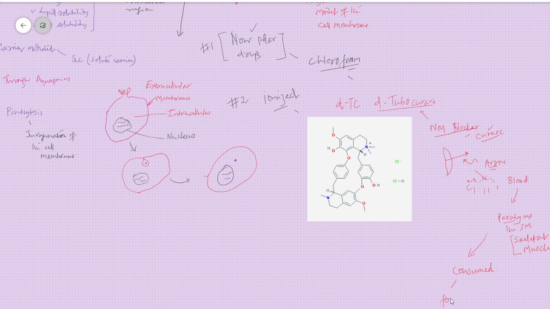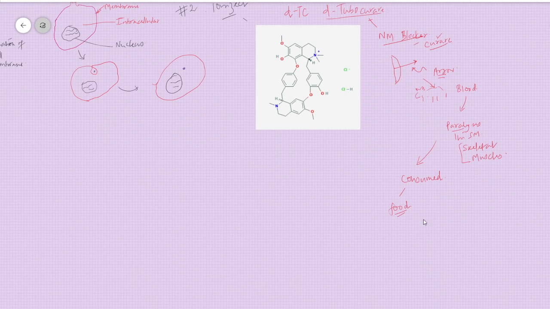But this same animal is later on consumed as food. When they consume it as food, they don't find any ill effects. Meaning they don't undergo paralysis. So the question is why?